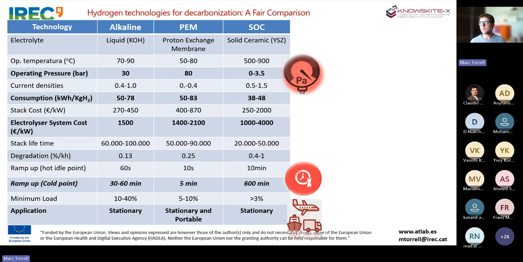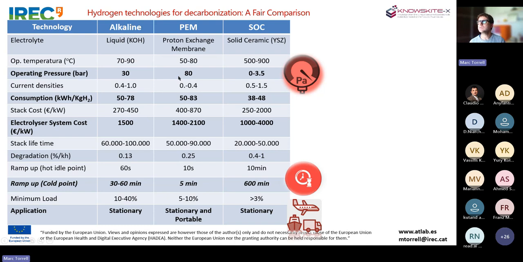In alkaline technology, we are between 50-55 kilowatt hours for the generation of 1 kilo of hydrogen, about 50 in the case of proton exchange membrane, while in solid oxide we can reduce this to 38-40 kilowatt hours per kilo of hydrogen. This is a real advantage, but we have other drawbacks. One of the main ones is the mechanical robustness of these ceramic pieces, which makes it very difficult at the moment to operate them under pressurized conditions, which is quite important for downstream processes.